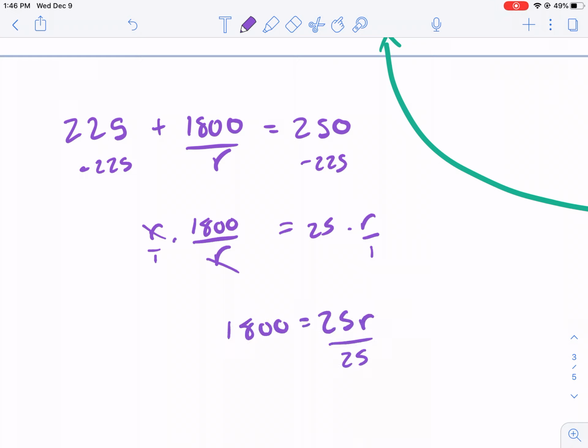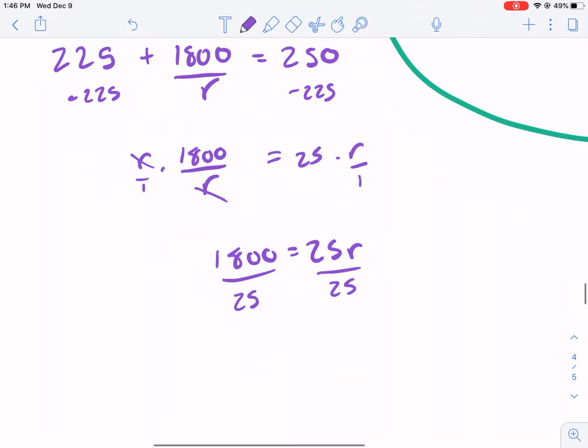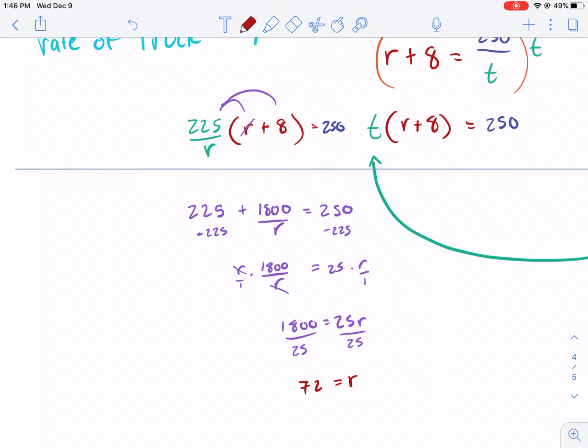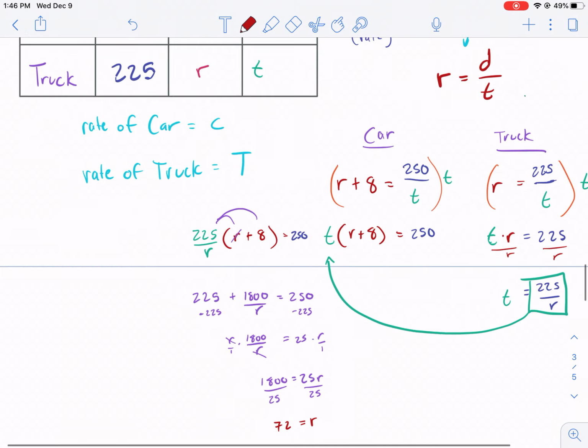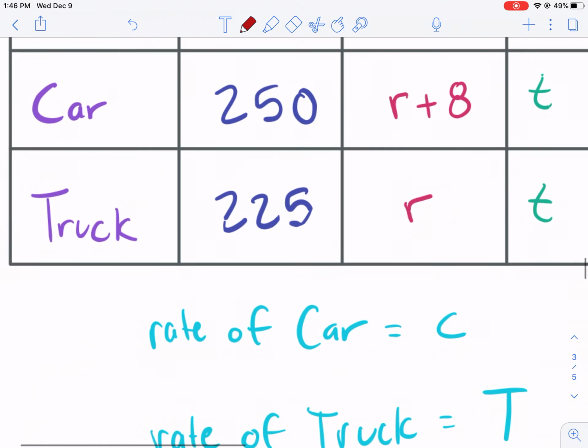Now I divide both sides by 25, and we get our value of R equals 1800 divided by 25, and that equals 72. So what does this 72 represent? Initially we said R is equal to the rate of the truck.